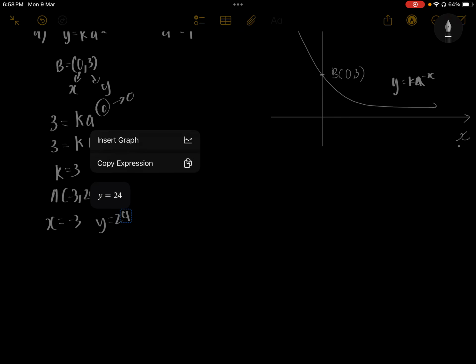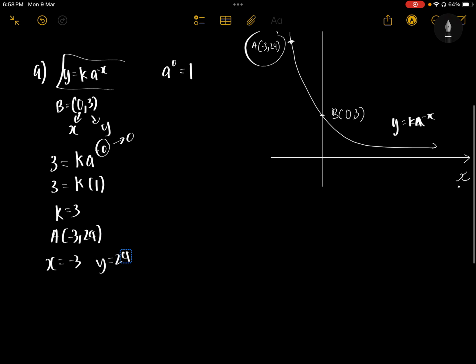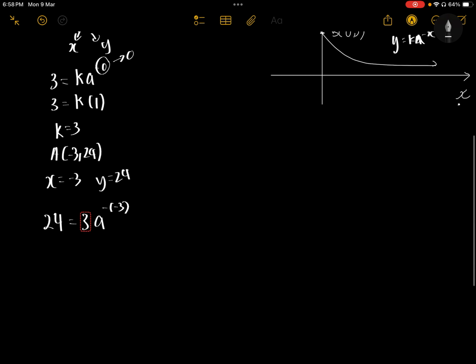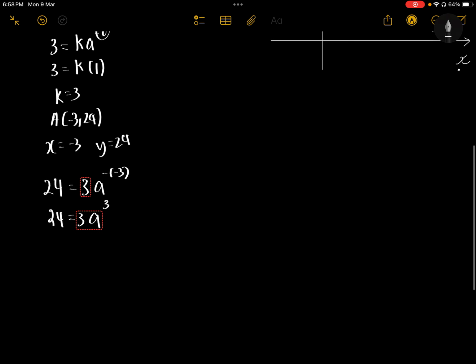So fill that into your equation here: 24 equals 3a to the power of negative negative 3, which is positive 3. Alright, 24 divided by 3, you have a cubed.